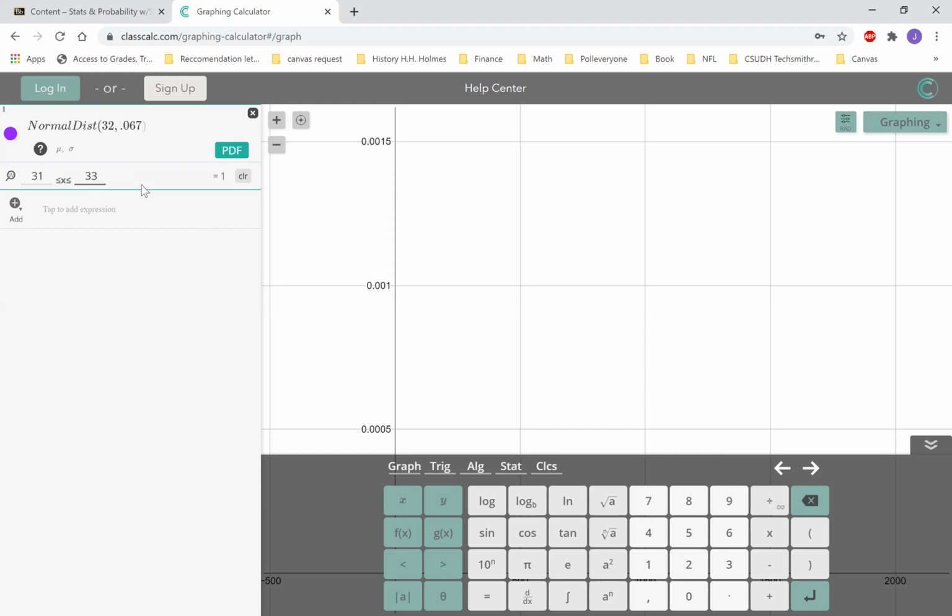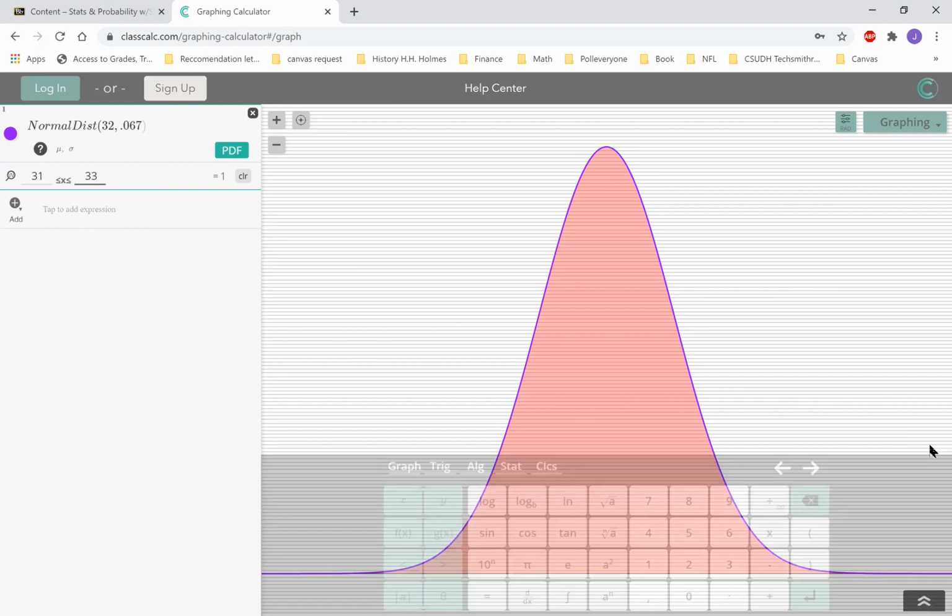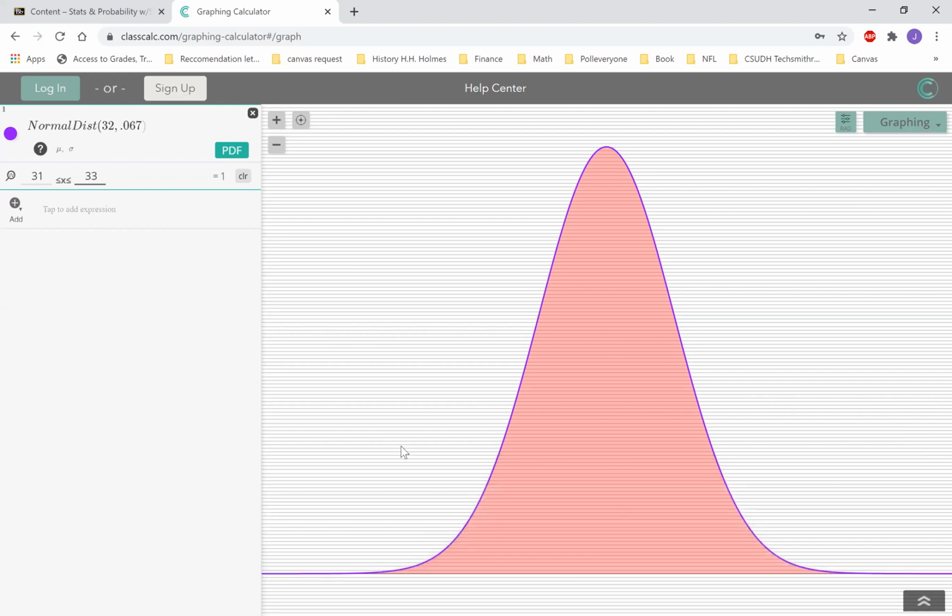I think we broke ClassCalc. I got the same thing. Yeah. All right, so you put 1 or 100%. Cool. And that's it for ClassCalc. Any question on how to put it on ClassCalc? All right, so let's go back to my notes.